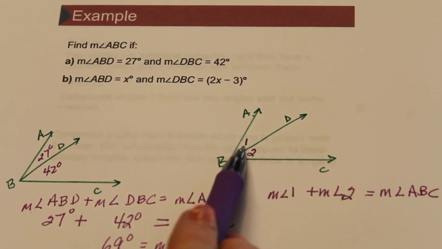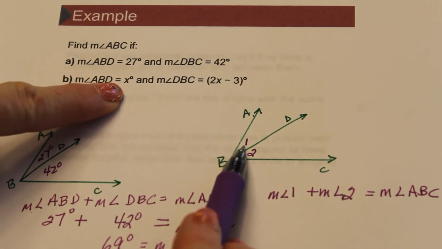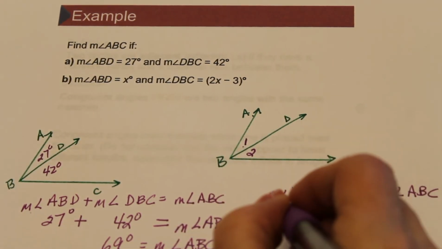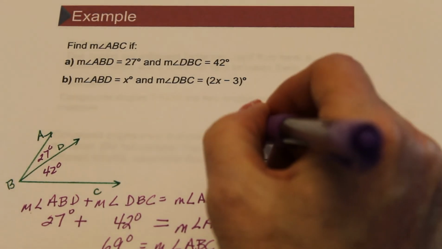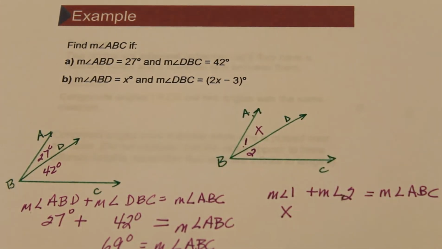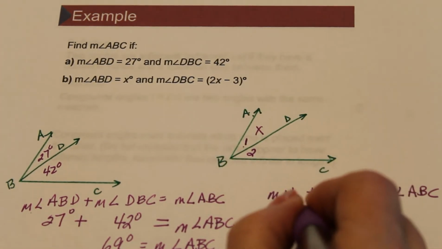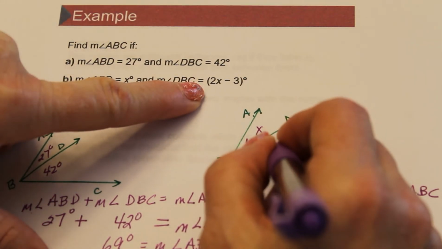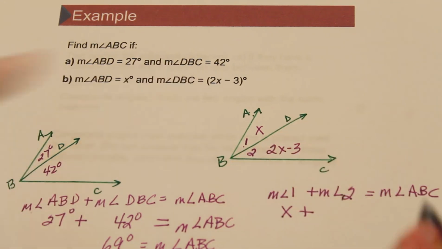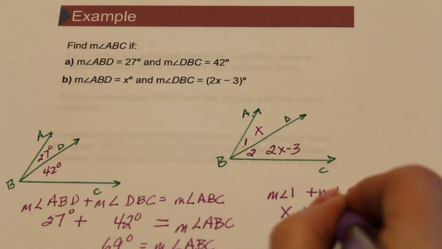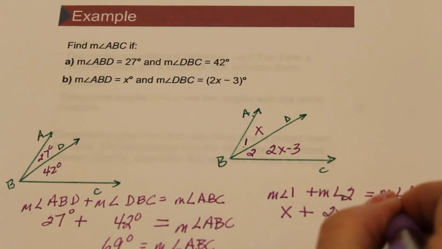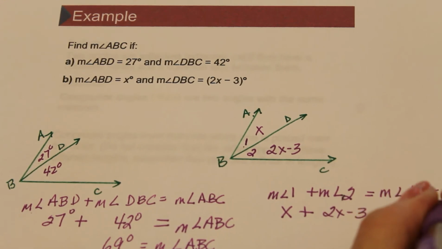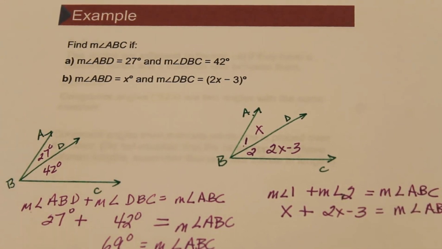And what is the measure of angle 1? Here in our problem we are told that's x. Bring down the plus sign. What is the measure of angle 2? In the problem, we're told it's 2x minus 3. That's going to equal the measure of angle ABC.